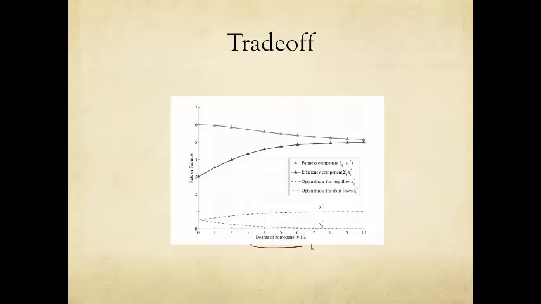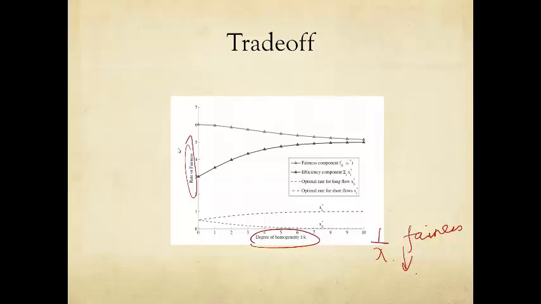Now, on the x-axis, I am plotting this 1 over lambda. As 1 over lambda becomes bigger, lambda becomes smaller, and the emphasis on the fairness component relative to the efficiency component, relatively speaking, goes down. On the y-axis, I'm plotting a couple of different things.